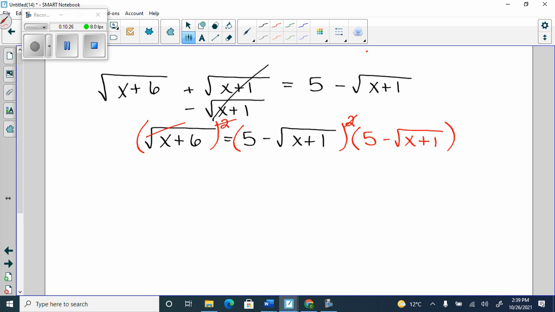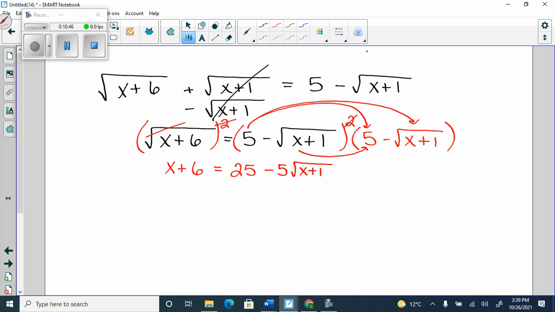So this one's going to cancel this off. I'm going to be left with x plus 6 equals 5 times 5, which is 25. Then 5 times negative root x plus 1 is negative 5 root x plus 1. Negative root x plus 1 times 5 is negative 5 root x plus 1. And then minus a root x plus 1 times a minus root x plus 1.